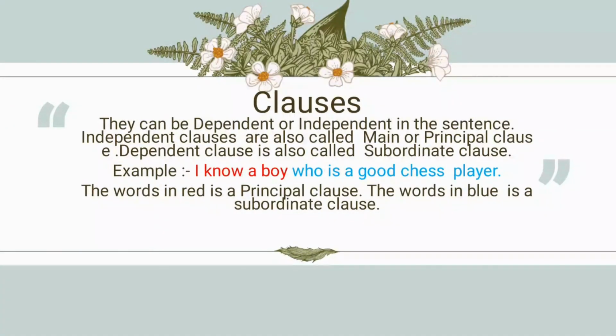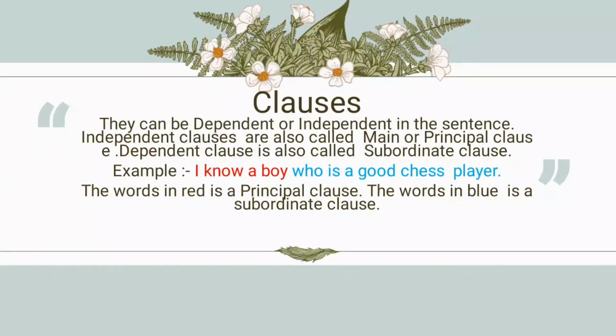Now let us understand more about clauses. These clauses can be dependent or independent in the sentence. So these are parts of the sentence. A sentence is made up of one or more clauses.